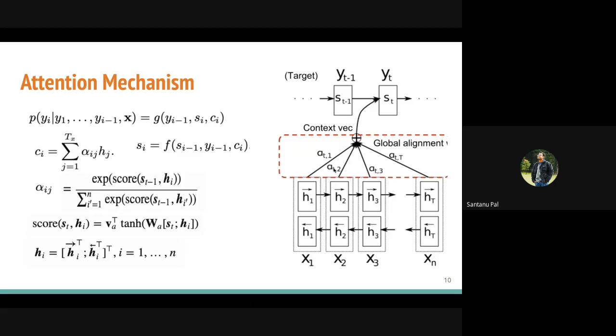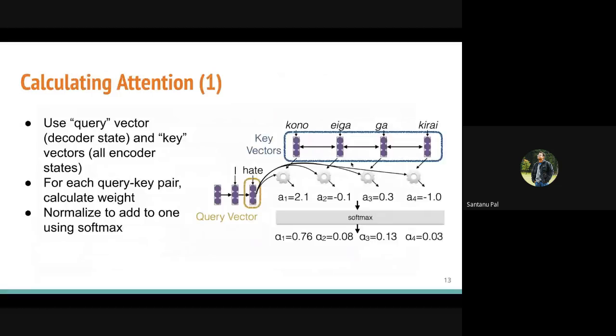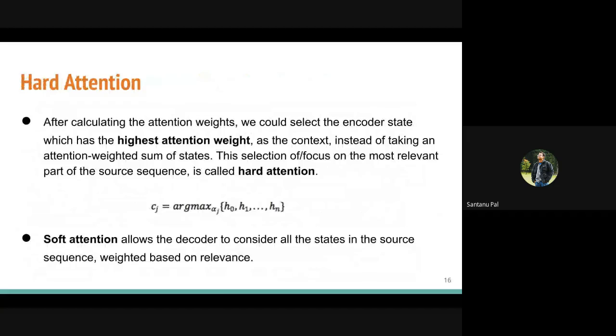You are now only focusing on this one, so the calculation will be less. Instead of taking all the information, you take only this connection. This is called hard attention.